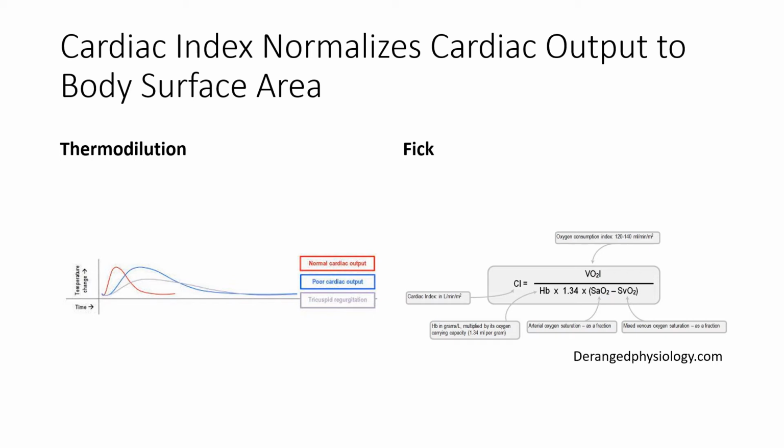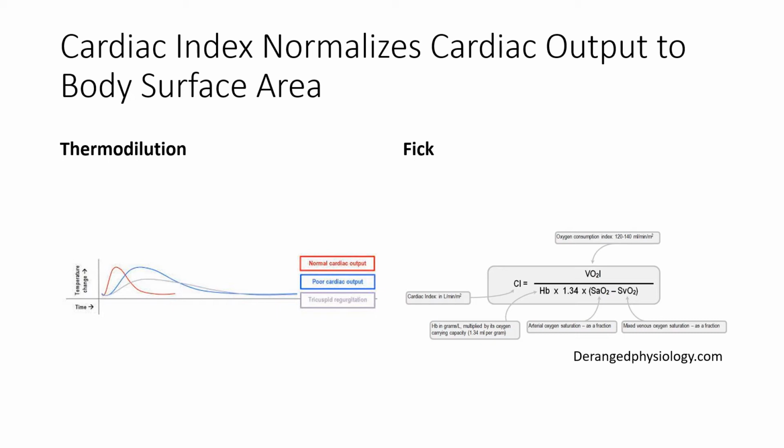But how much it warms up will depend on how quickly that can of soda is flowing from the right atrium to the pulmonary artery. Obviously if the cardiac output is slow, it's going to take longer, and therefore there's going to be a bigger temperature drop.